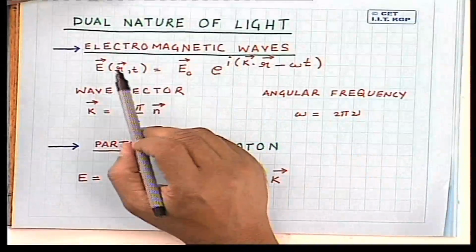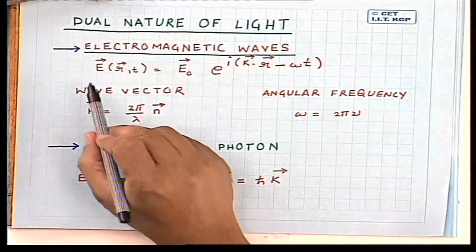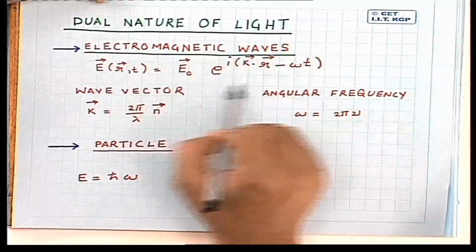If you want to explain experiments like interference or diffraction, you invoke the wave nature of light, which is governed by Maxwell's equations. So, to explain interference or diffraction, you have to think of light as electromagnetic waves, which have wave-like solutions.